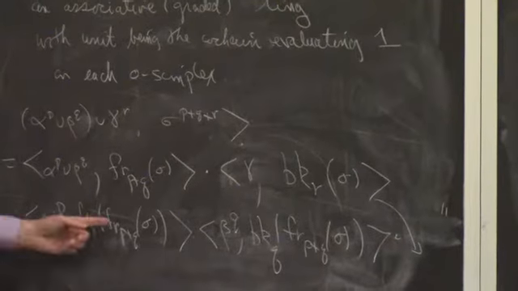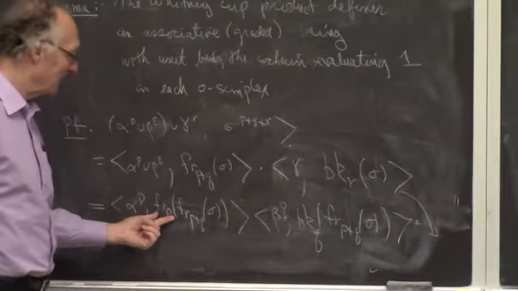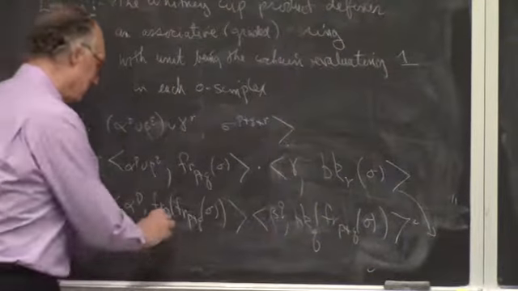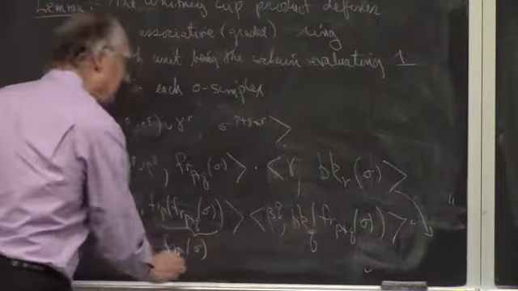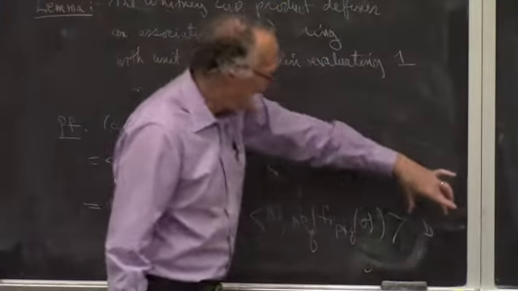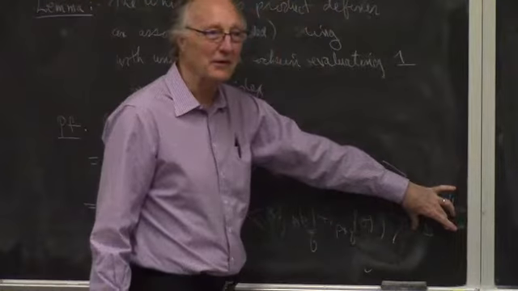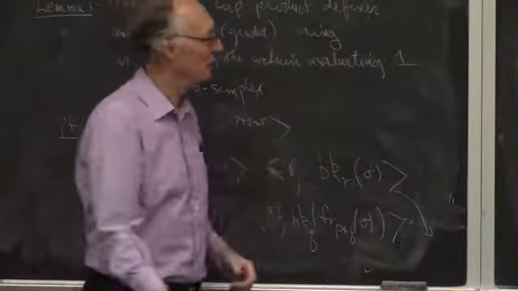Well, now let's just think about what this is. If I take the front P plus Q face of sigma and then take the front P face of that, this is nothing but the front P face of sigma. So here I have the front P face of sigma. Here I have the back R face of sigma.